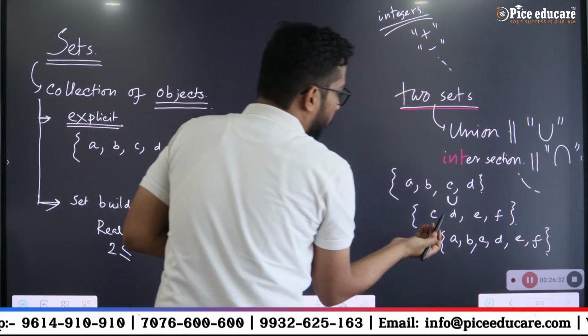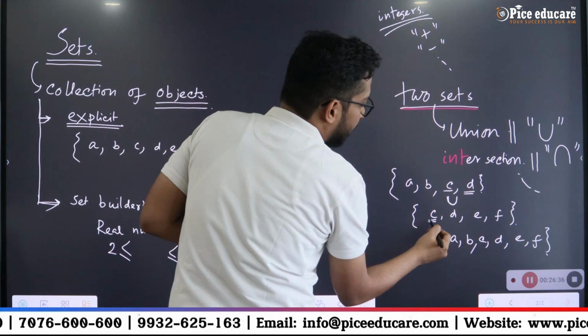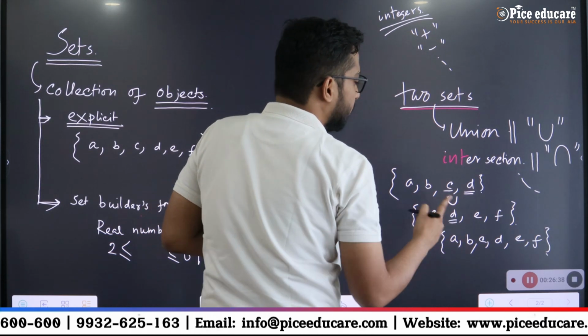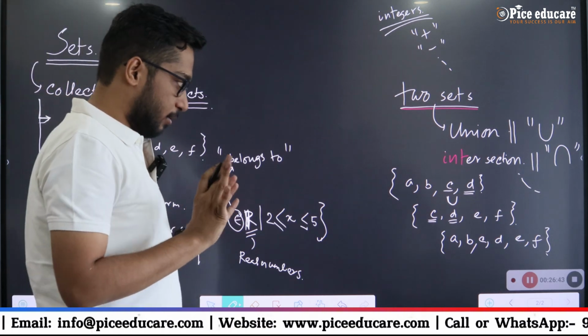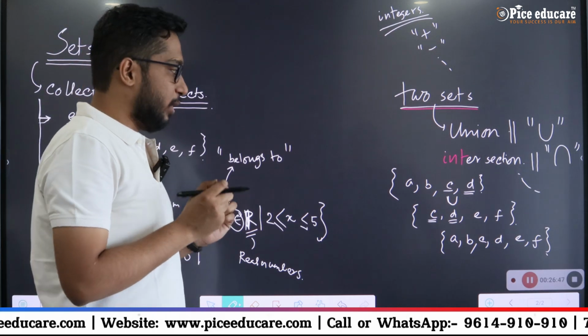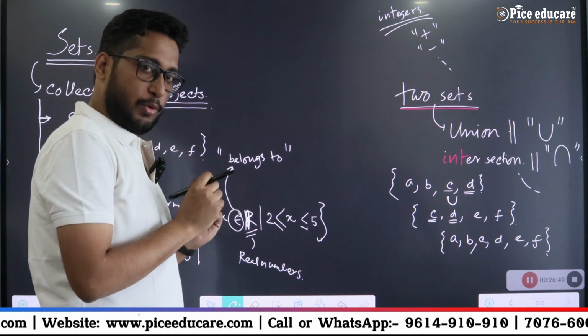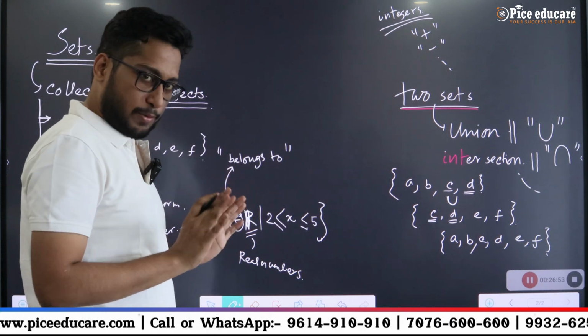Now, of course, you may be tempted to think that C and D is present here, C and D is also present here, so why not write C 2 times or D 2 times? But that's not the case. If there are repetitions of elements, we just take one single element. We don't write the same element multiple times. So this is the basic of union.